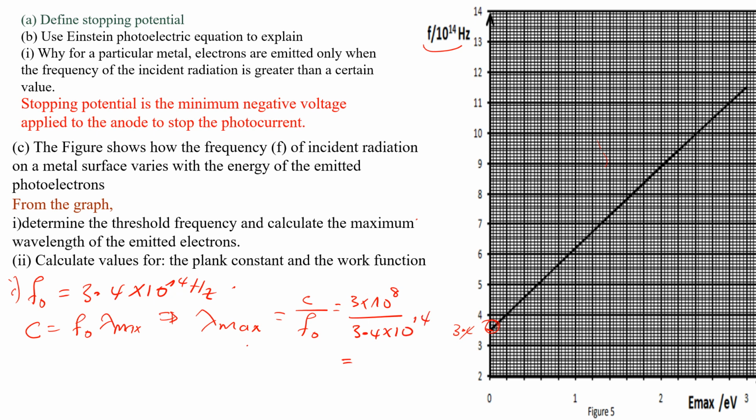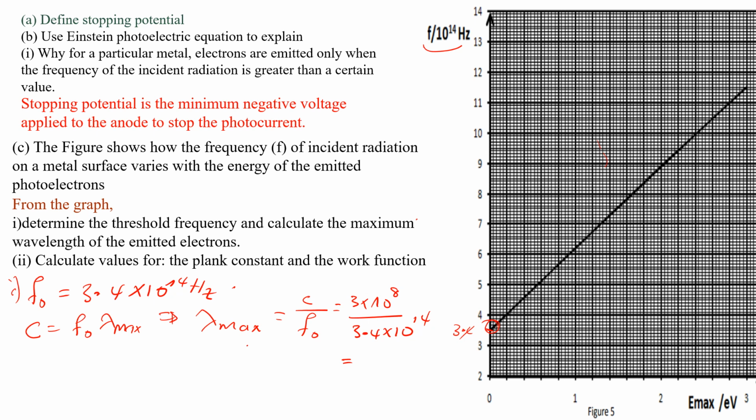So this gives 3 times 10 raised to the 8 divided by 3.4 times 10 raised to the power 14.